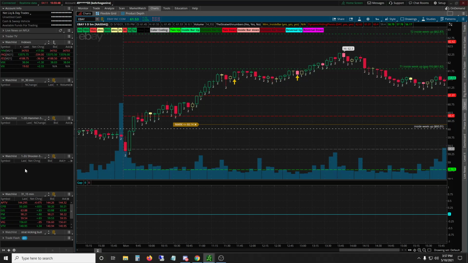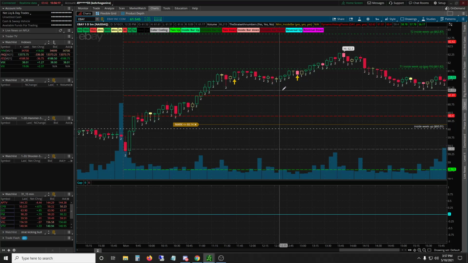Same here on a 1 with a 2 up shooter. Shooter being a shooting star. So let's see, here would be a good example of the last one, the 1 with a 2 down hammer, and there you go. That would have been a good one there. A 1 with a 2 up shooter.